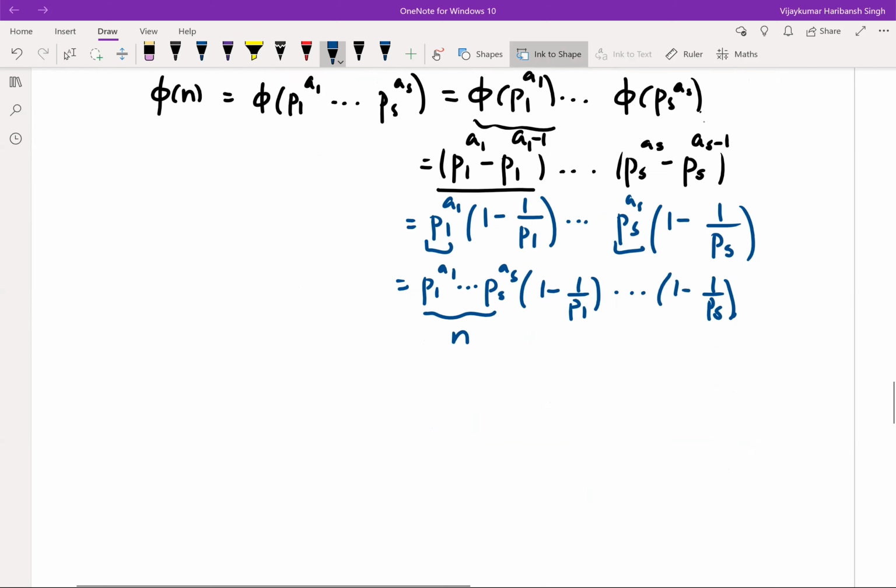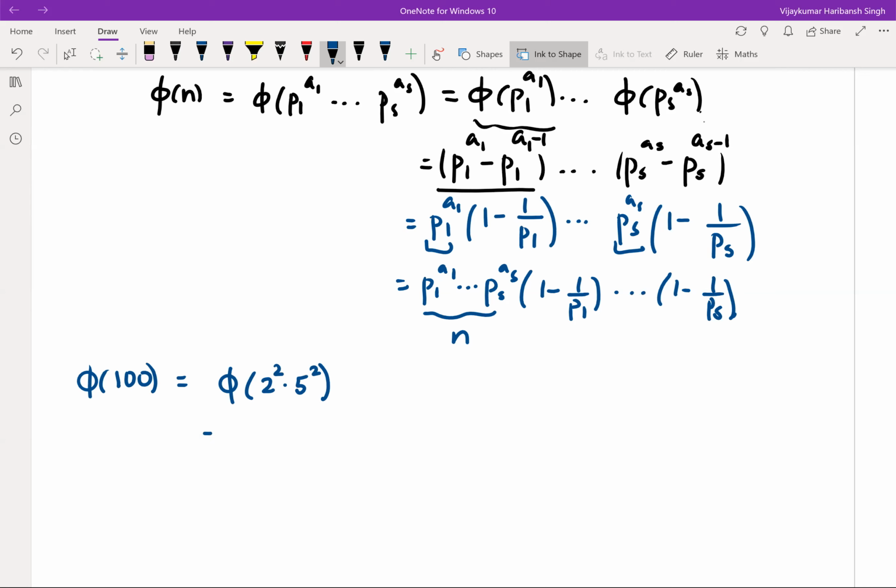Okay, so let's look at an example. We used this when we were computing phi of 100, when finding the last 2 digits. So let's compute this. First thing is to find the prime factorization. 100 is 4 times 25, so 2 square times 5 square.